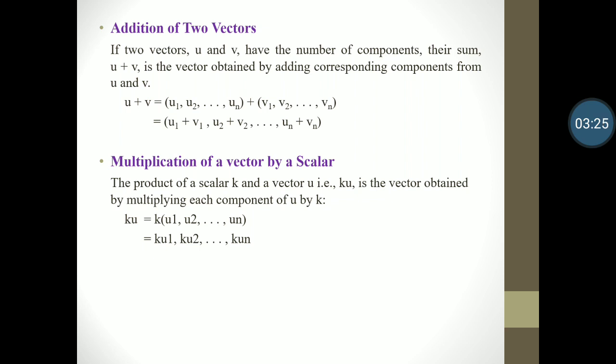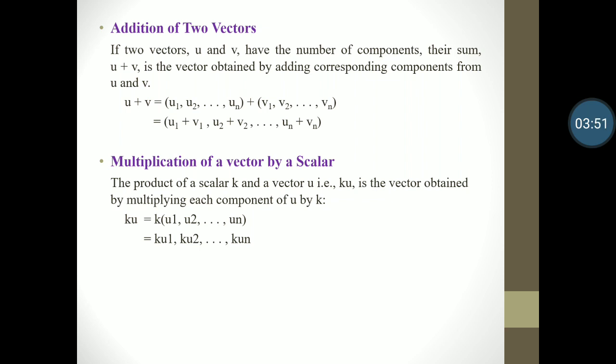Second thing is multiplication of a vector by a scalar. The product of the scalar k and a vector u is k dot u. Simply, our scalar k will be multiplied with every element of our vector. So here ku is equal to k into u1, k into u2, k into u3 up to k into un.